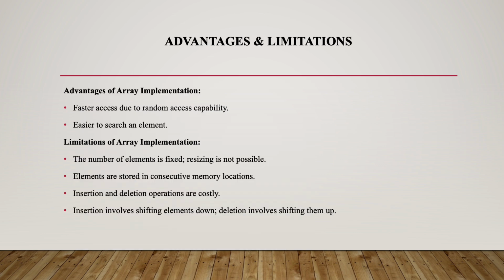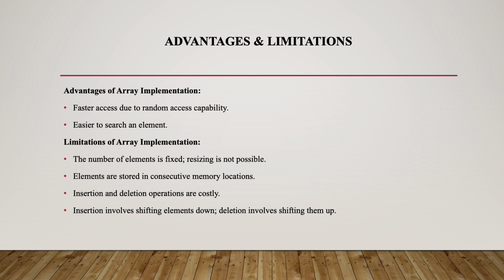So finally, now let's discuss the advantages and limitations of arrays for implementing a list. One big advantage of arrays is they offer very fast access to the elements because of random access capability. Okay, what is random access capability?